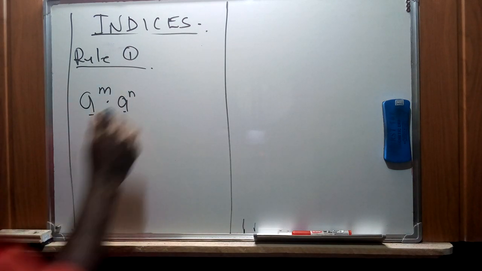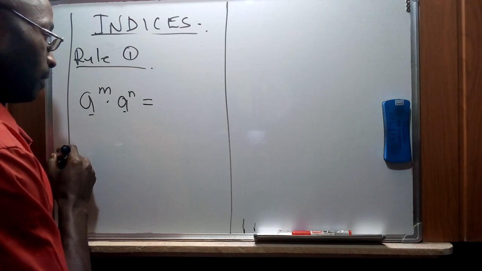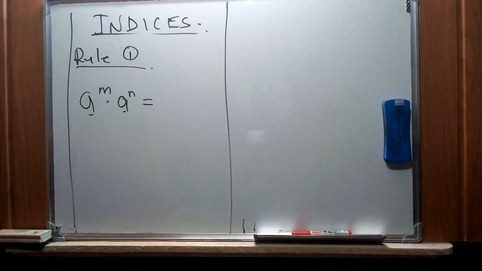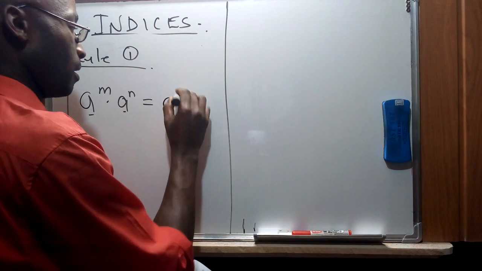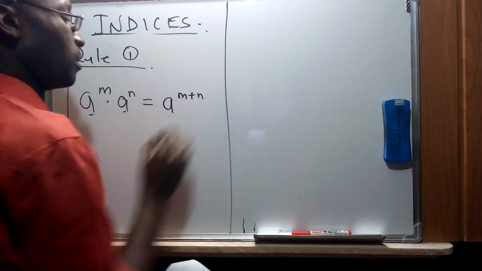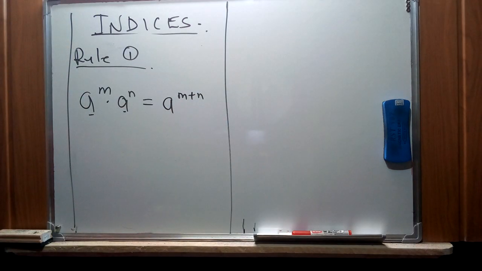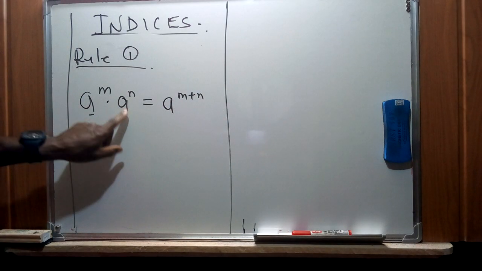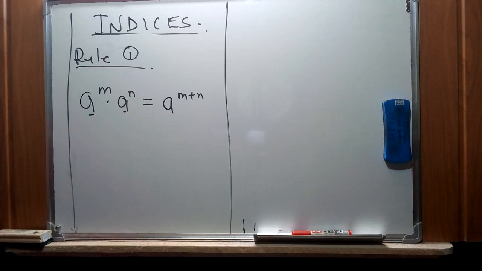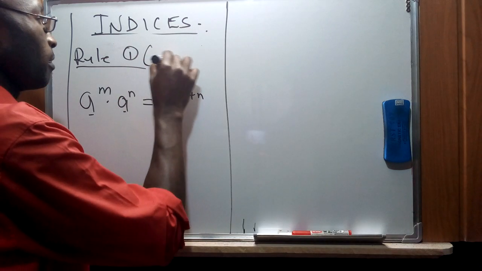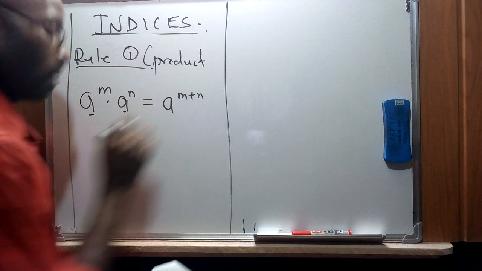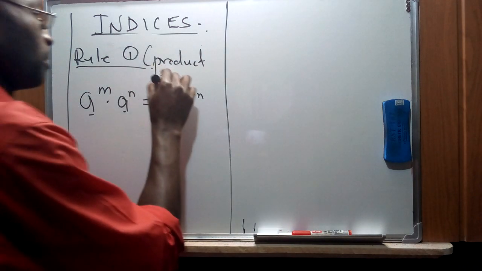For such a product that we are being requested to find, we treat it as the sum of those exponents. So a raised to power m times a raised to power n is equivalent to a raised to the sum of m and n. This is known as the product of powers.